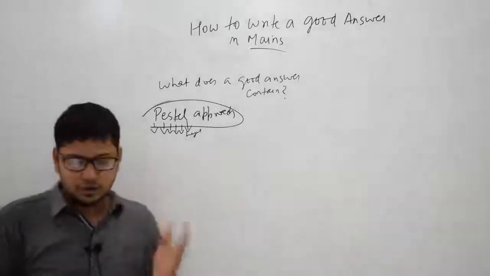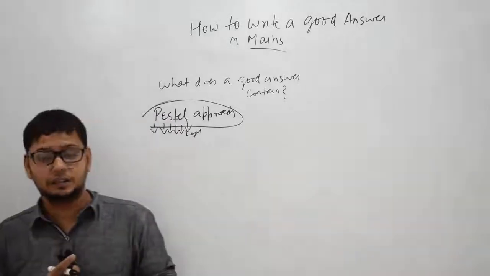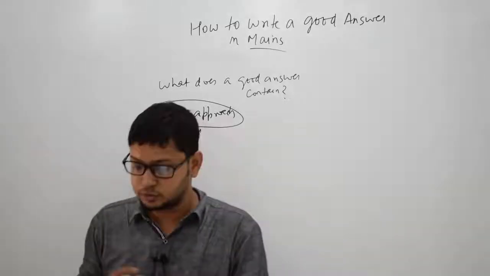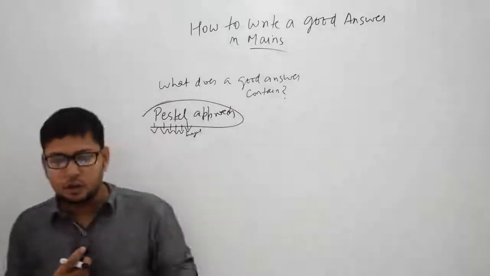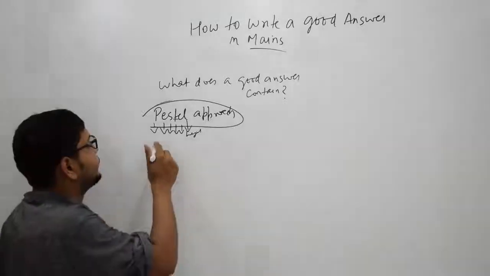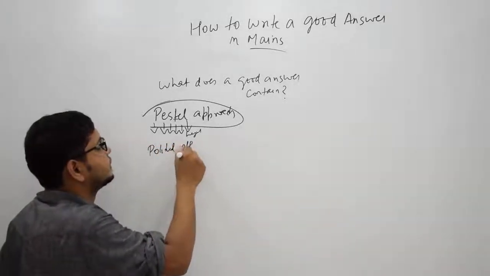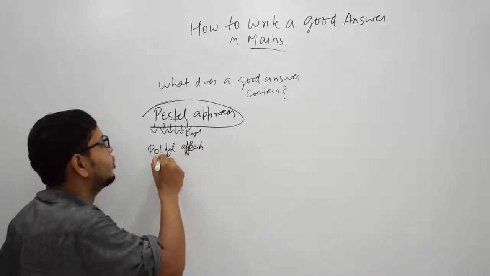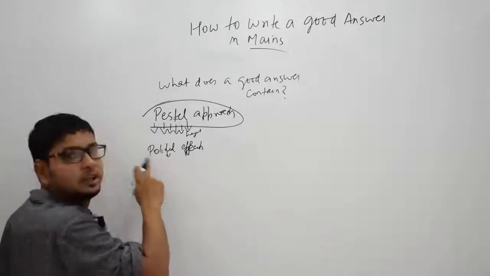So suppose there is a question: discuss the advantages of river linking and its possible impact on the environment. This was the UPSC question asked last year in GS paper 3. When you talk of possible impact, you can talk about political effects. It will lead to more fights among the states, and then there's the international dimension.